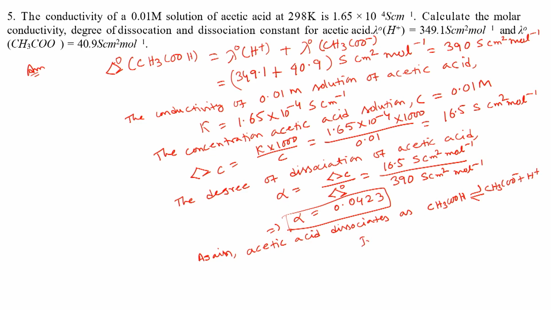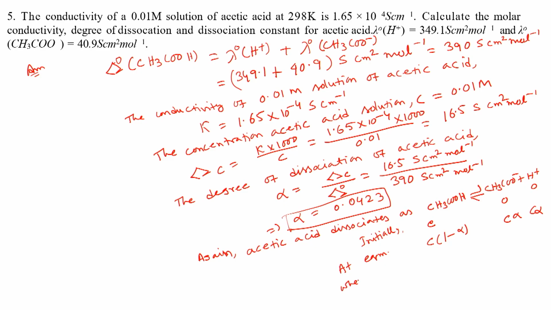So, initially we had, suppose, C is the concentration of acetic acid, and this was 0, and at equilibrium the concentration of acetic acid is C times 1 minus alpha, this is C alpha, this is C alpha, right.